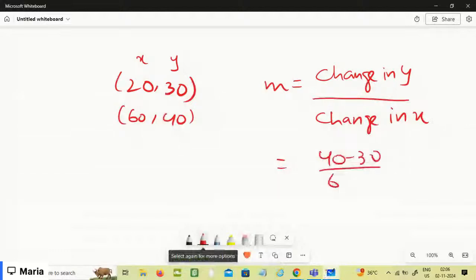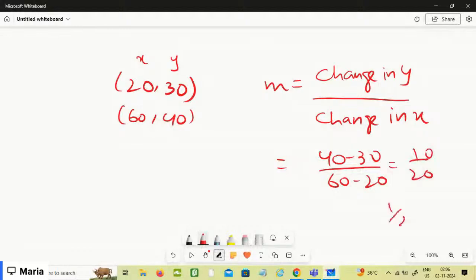That is 10 over 20. That is 1 by 2 or 0.5. So that means the rate of change is 0.5. The option number 1 is the correct option.